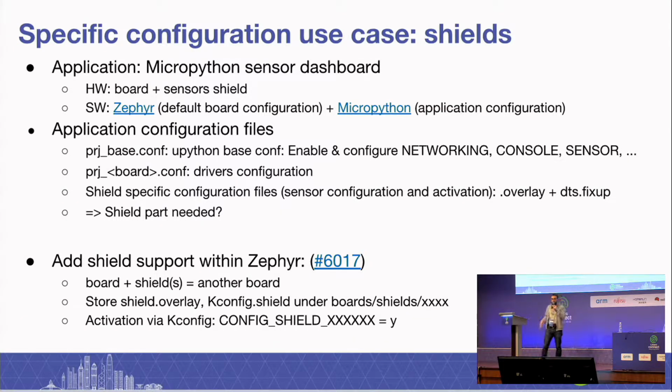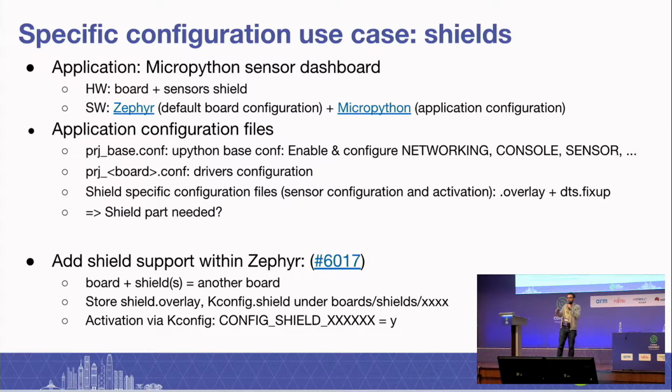One final thing I would like to mention is the use of shields. On microcontroller boards, what is interesting is to be able to use shields, like a sensor shield, for instance. The idea is that when you have a board plus a shield, it's just another board. So if you are able to configure the hardware available on the shield easily, and if we can provide a default configuration for this board, it will be quite easy to use.